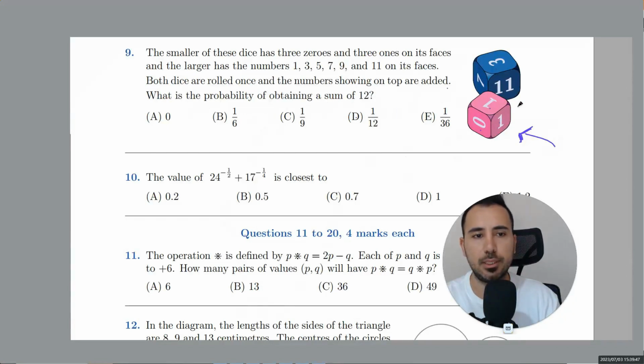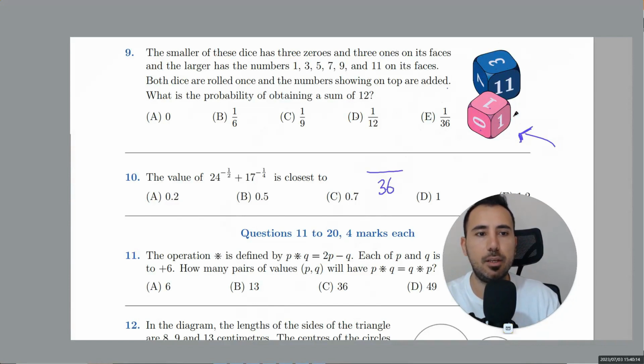So we know this one has 6 ways of showing up. This one has 6 ways of showing up. Together they have 36 combinations. Okay. And now how many ways do we have to get 12 with these numbers? Remember, if it's 0, it doesn't matter what happens here. It's not going to end up being 12.